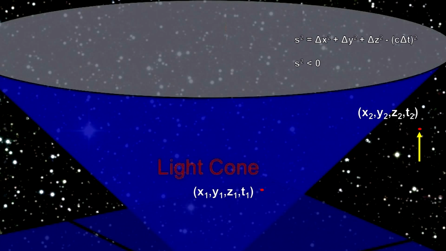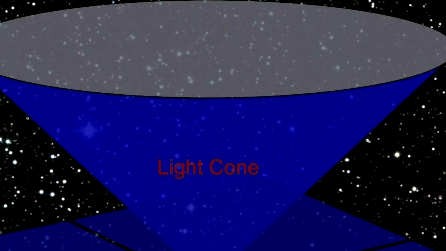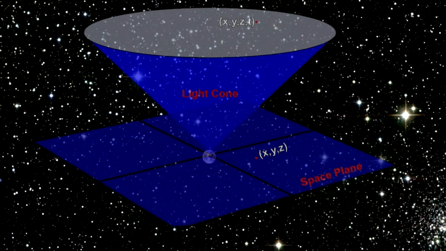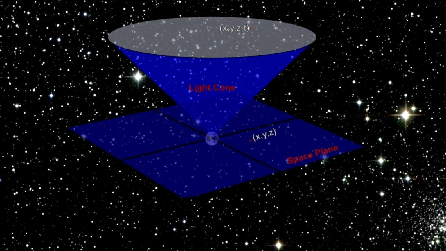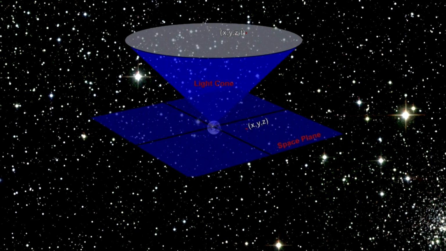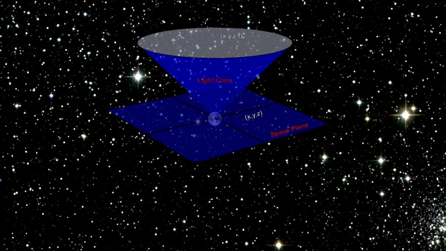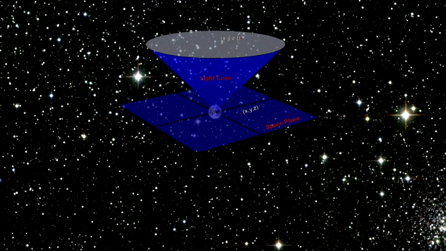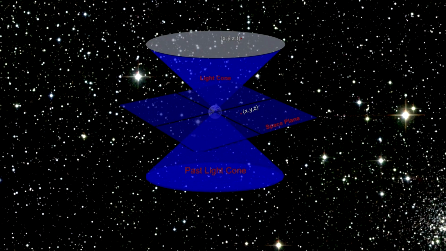In other words, no event from within the cone can ever be the cause of an event outside the cone. If we go back in time, as well as forward in time, we get the full space-time diagram. Here we see that no past event outside the cone can be the cause of any event we see today.